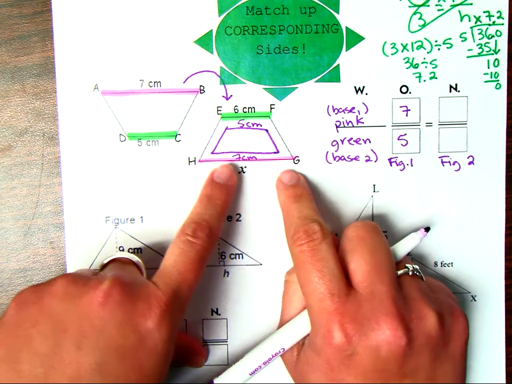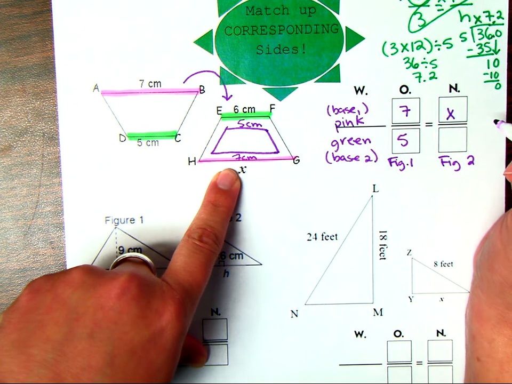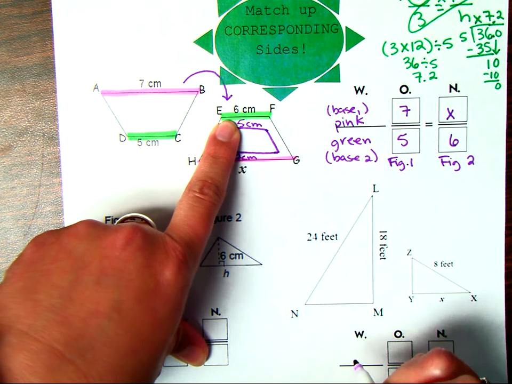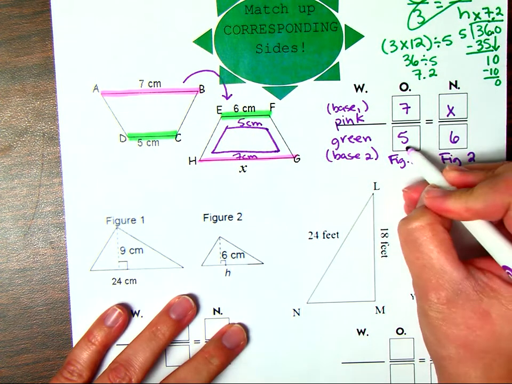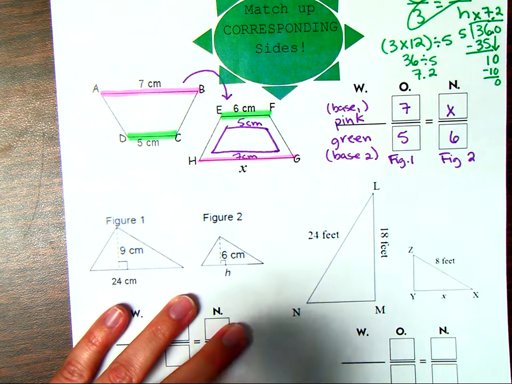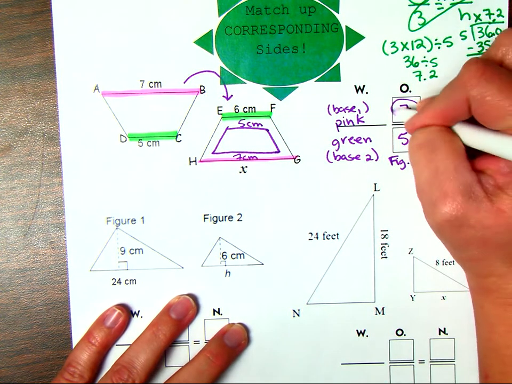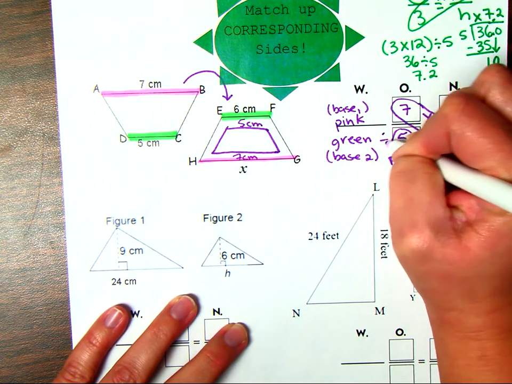The 7 in the same position is that X, and the corresponding for that 5 is actually that 6 centimeters. Okay? So we can't get from 5 to 6 by multiplying or dividing. We can't get from 5 to 7 by multiplying or dividing, so there's no way that we could do a scale factor or factor of change. So we are going to solve by cross multiply and divide.